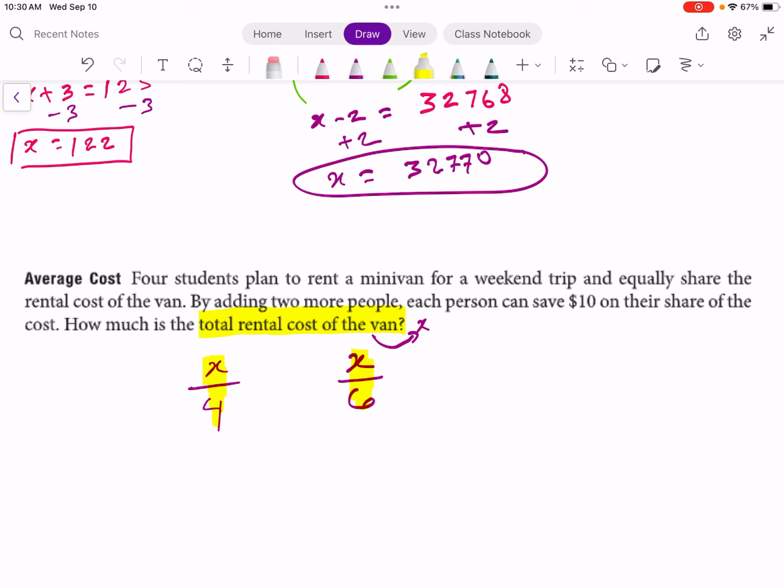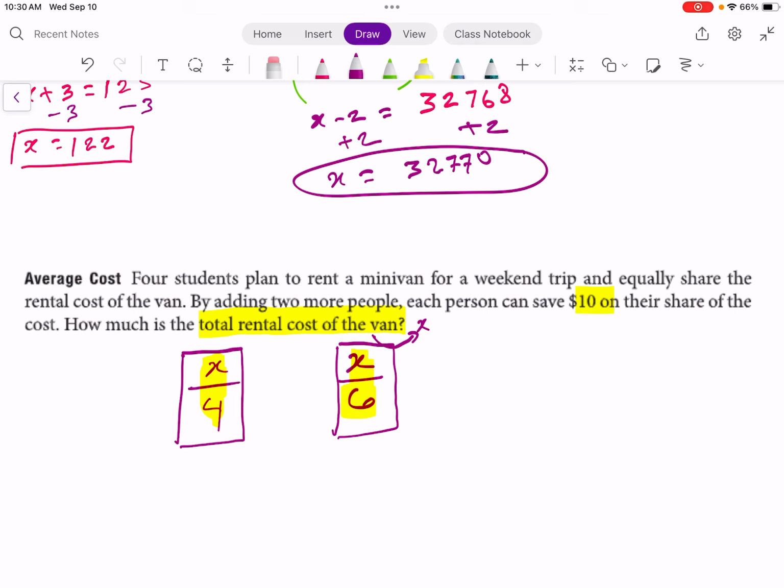So when we are adding two more people, meaning when we have 6 here, the cost for each of you is reduced by $10. You save $10, meaning your cost is reduced by $10, right? So this is the cost when you are 4, and this is the cost when you are 6.